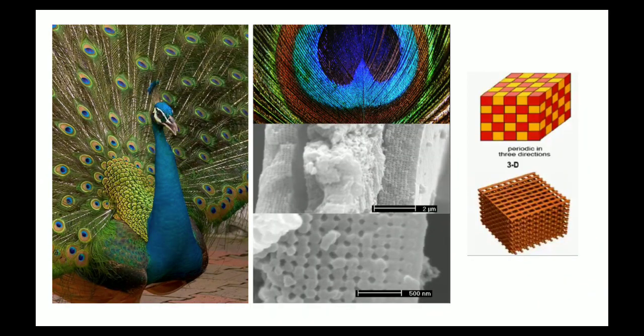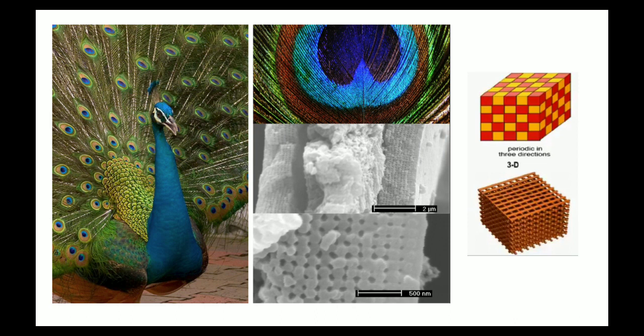Now you can see one more example where the peacock is there, and you can see it has very beautiful colors. Of course here again the nanostructure is available. If you take the different layers of the peacock feather, it is shown in the SEM image. You can see the layers have different structures for a photonic crystal.